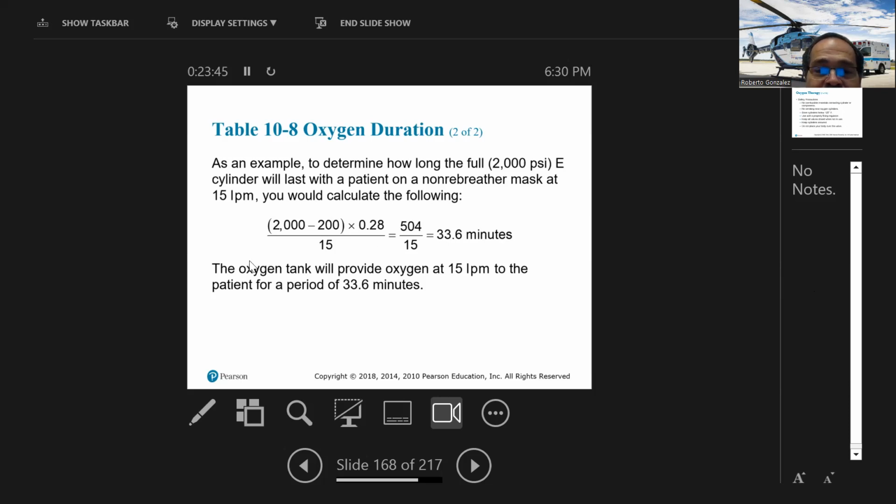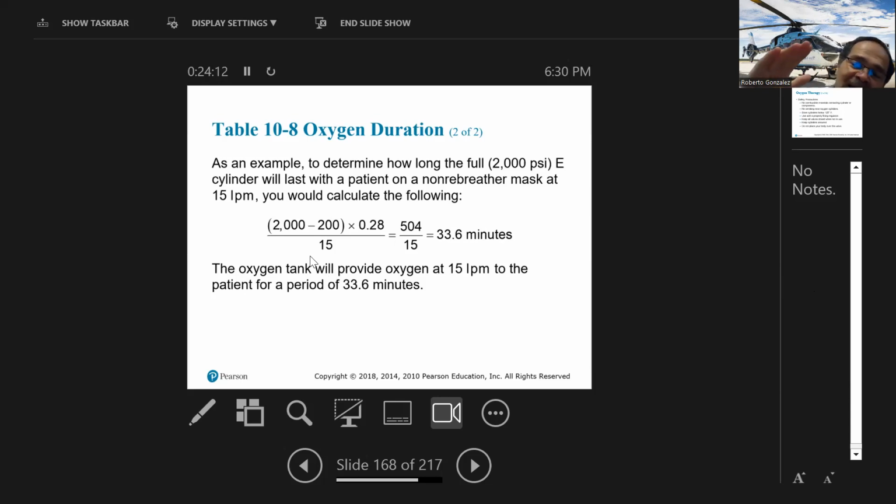And remember that little number that you have to memorize? You have to get 2,000, which is the amount of pressure that you should have inside the tank. Now, let's say you crank it open and you find out that you only have 1,500, then you put 1,500. That depends on the pressure inside the tank. Now, you always have to subtract 200. 200 is your safe residual volume.